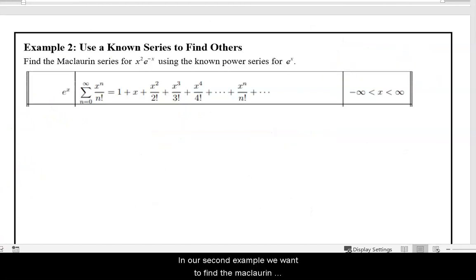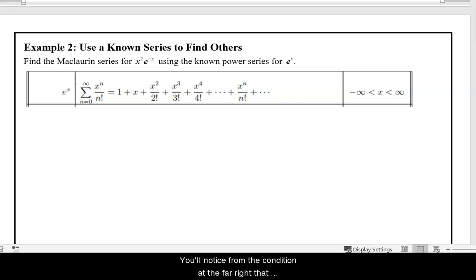In our second example, we want to find the Maclaurin series for x squared e to the negative x using the known power series for e to the x. In the box below this problem, you will see the known power series for e to the x centered at 0.